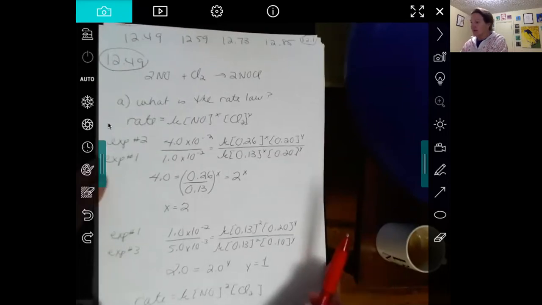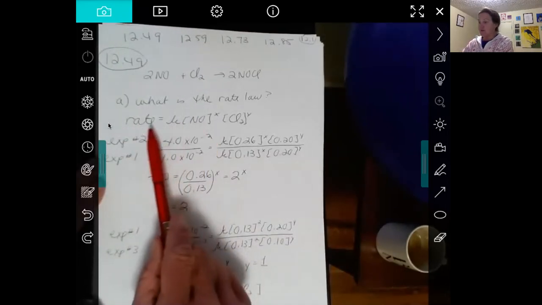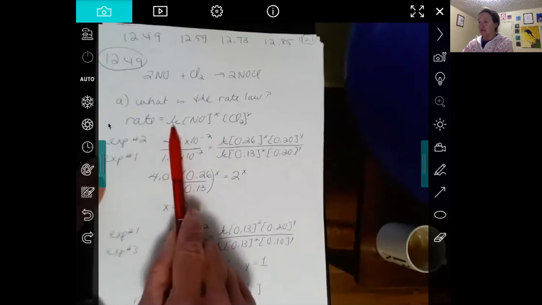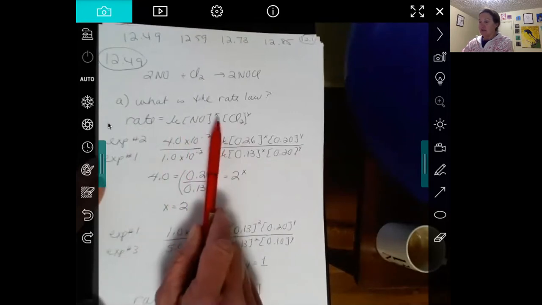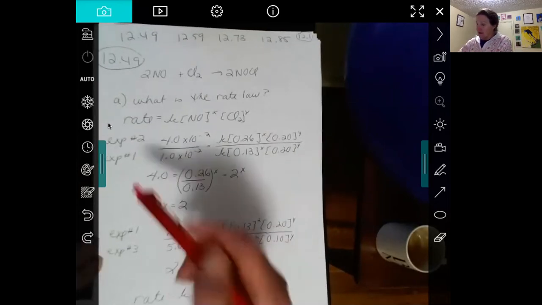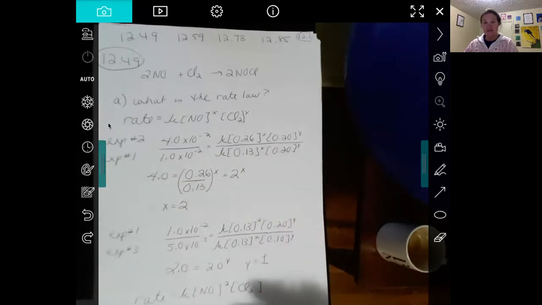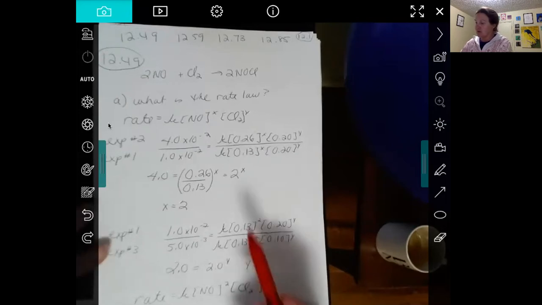That will allow us to say, if I want to know what the rate law is, I want to be able to say rate equals some constant times each of the reactants raised to some power, and I have to determine what that power is with these experiments. If we look at experiment 1 and 2, where the chlorine is held constant, those 2 experiments will allow us to figure out the order with respect to nitrogen monoxide.